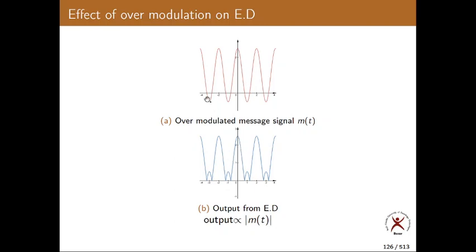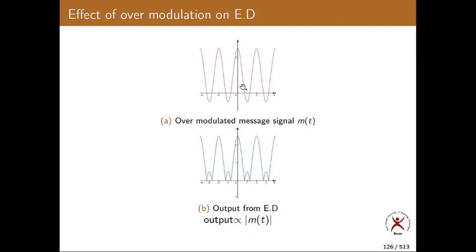You can clearly see that in this region the envelope is negative, but in the output it has become positive. The positive portion remains positive, but the negative portion becomes positive.